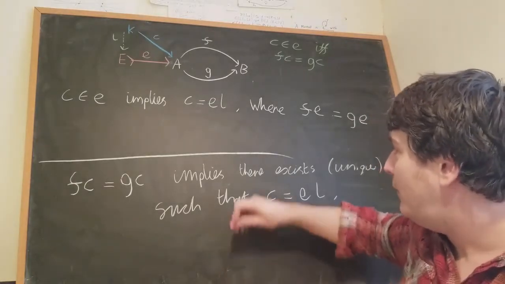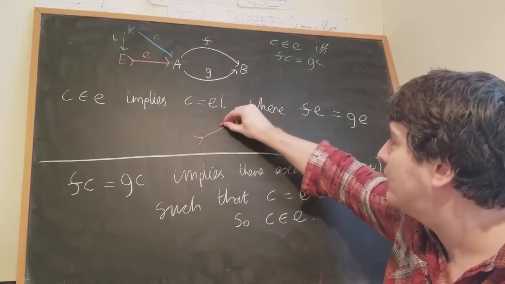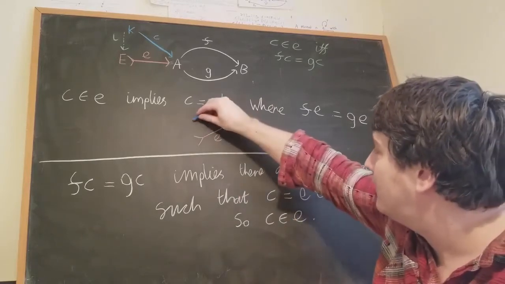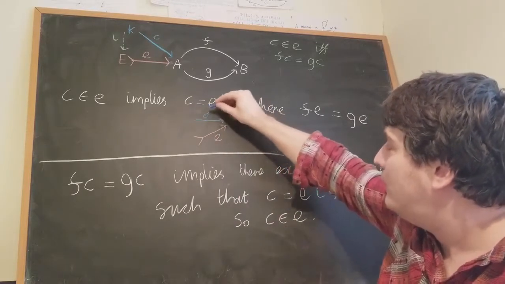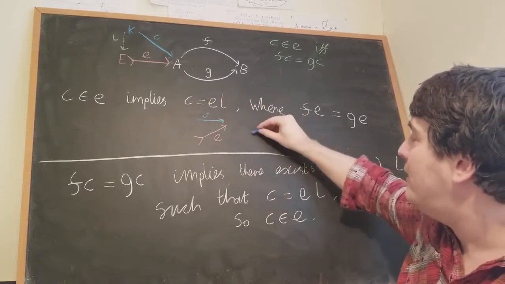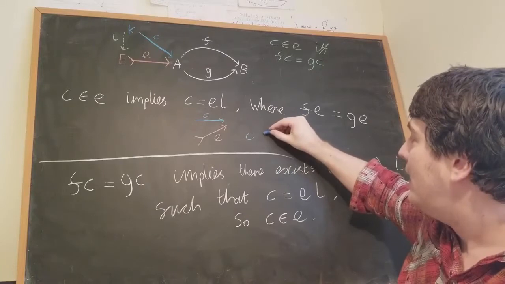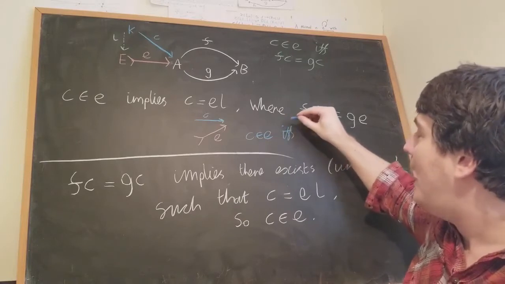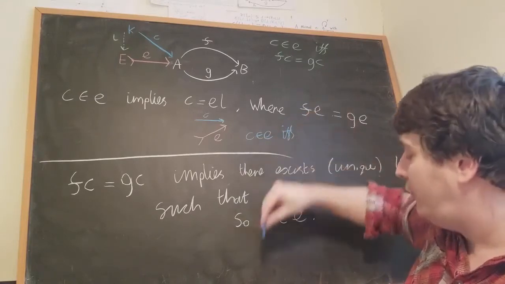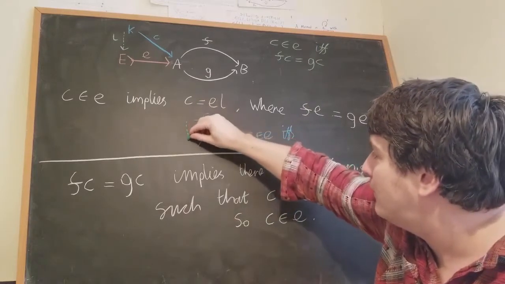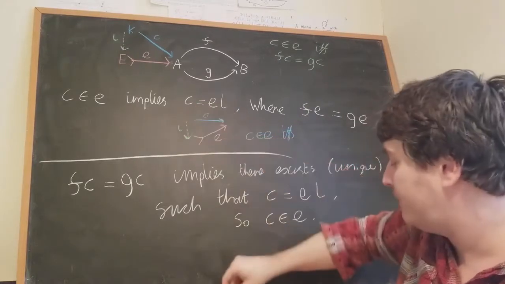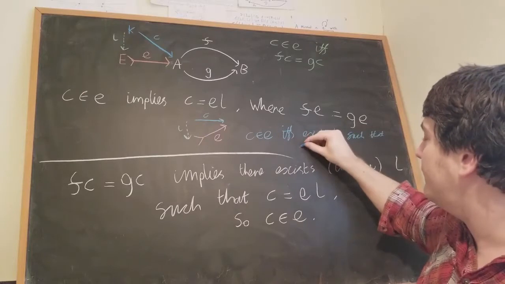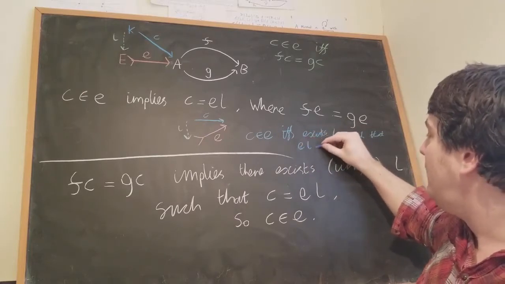Okay, so if we have a monic e and we have another arrow c with the same target as our monic, then we say that c is in e if and only if there exists some arrow l which is such that e after l equals c.